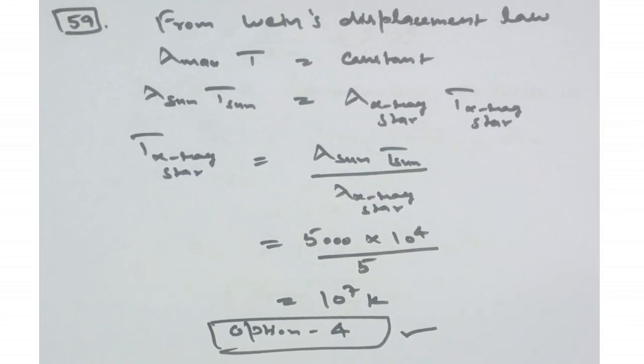So that means lambda of sun and temperature of sun is equal to lambda of X-ray star and temperature of X-ray star. So from this relation we can easily calculate the temperature of the X-ray star. And now after putting the values we get 10 raised to power 7 Kelvin. So that is the right answer, which is option 4.